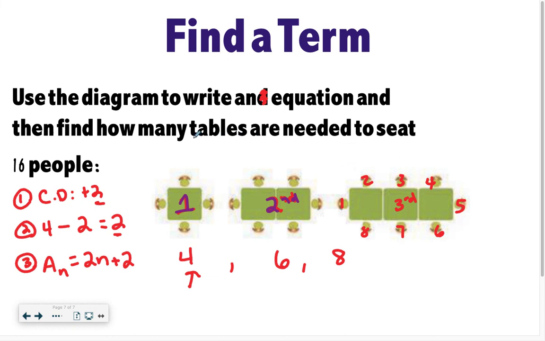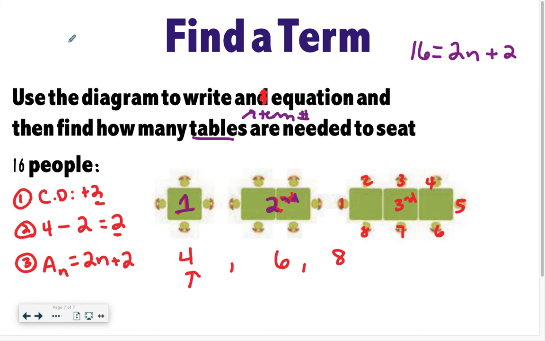So if I want to find how many tables, I'm actually trying to figure out what term number it is instead of how many people can sit there. So this time I'm solving for n. So whenever you are given the total, you're going to say the total, so in this case the total is 16, equals my equation.